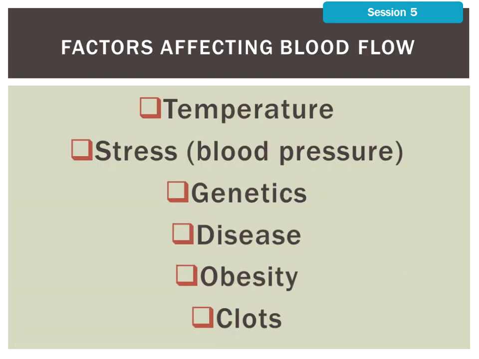Things that can affect how the blood flows through the body: temperature. Higher temperatures will cause the blood to flow much faster, and also will make the blood come to our surface areas much more in order to try to keep our core body temperature normal. So we will get higher temperatures towards our skin.